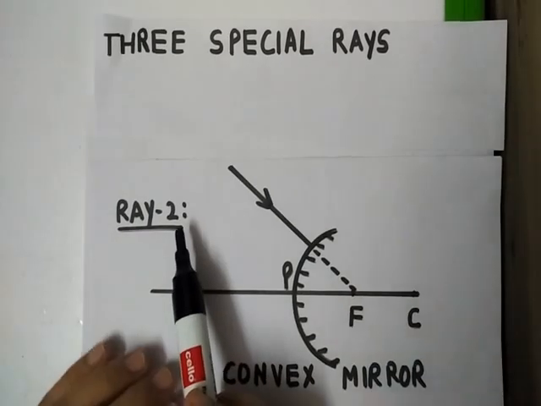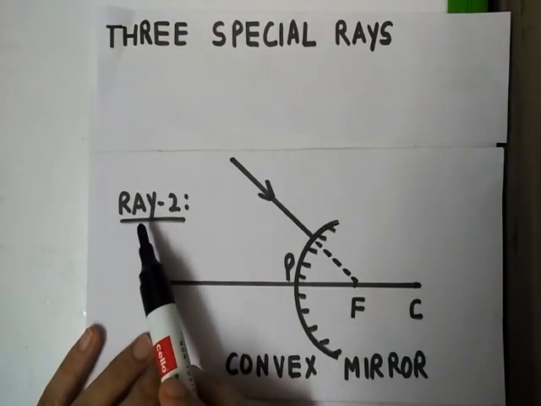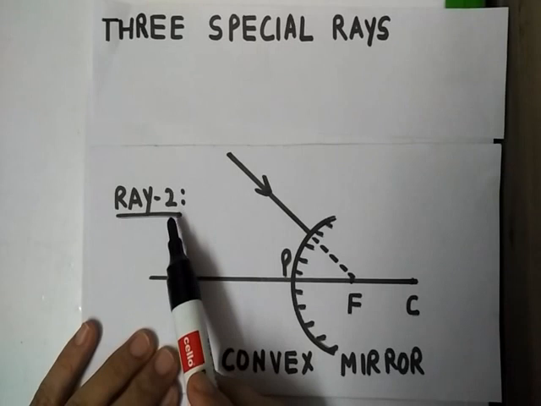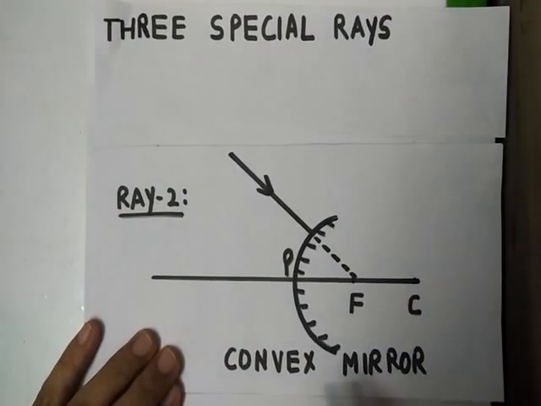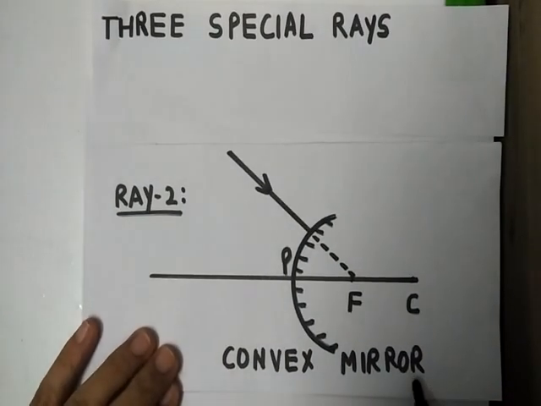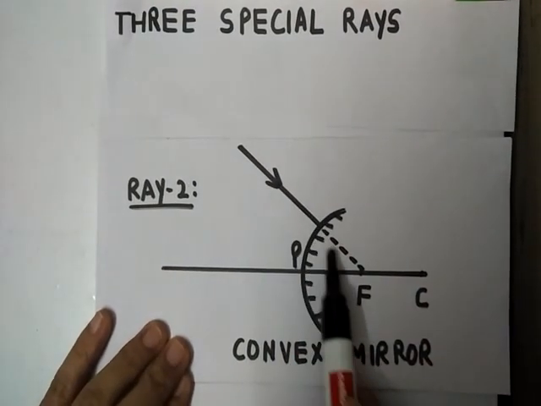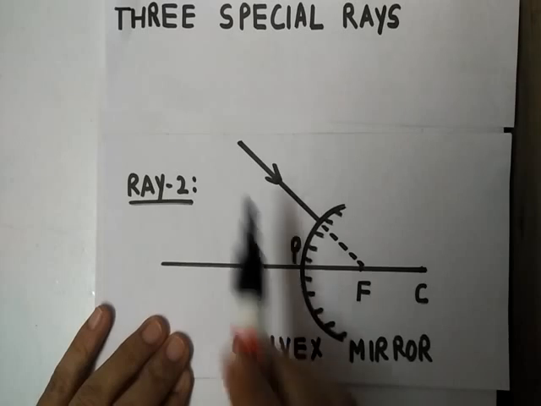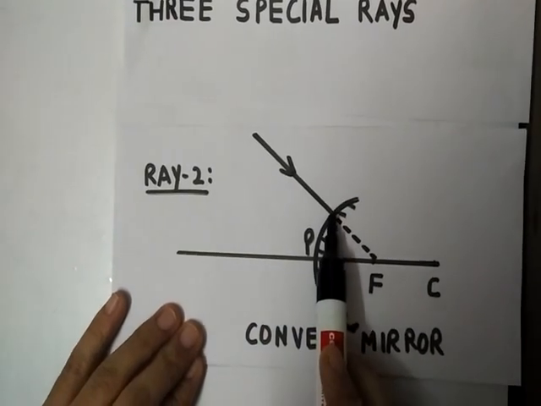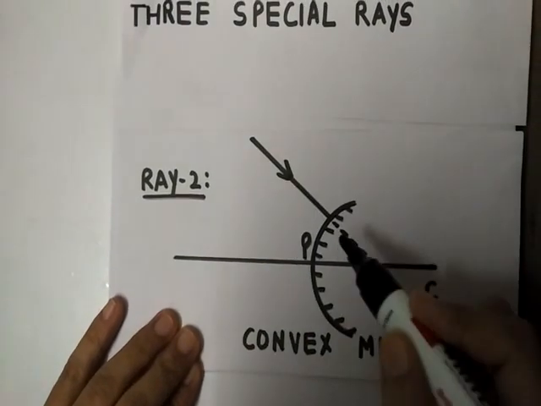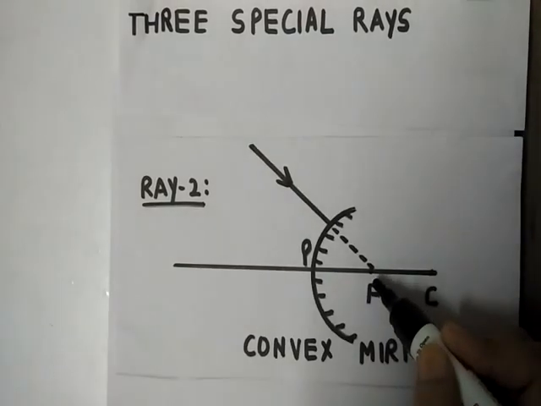Now we are going to draw ray 2 for the convex mirror. For this we have drawn a convex mirror. Again the incident ray is appearing to pass through the focus. See, this is the incident ray which is coming towards this convex mirror, and it is appearing to pass through the focus.